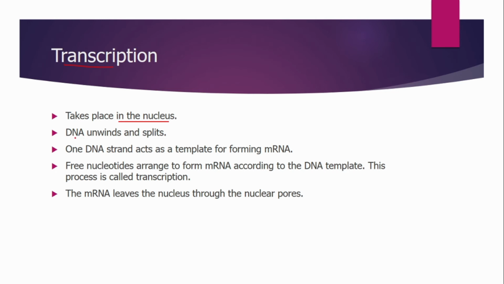The DNA unwinds and then splits. One DNA strand acts as a template for forming the messenger RNA. Nucleotides are arranged to form messenger RNA according to the DNA template. This process is called transcription. Then the messenger RNA leaves the nucleus through a pore.